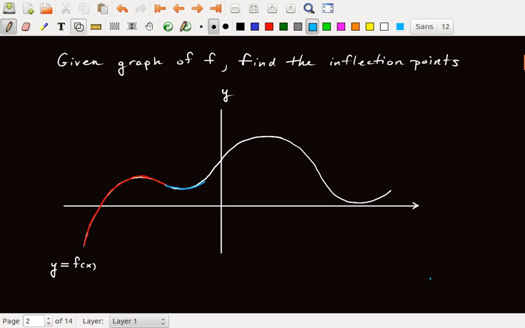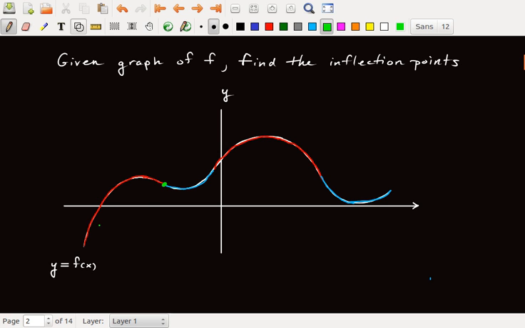So here I'm turning up, and then somewhere around here, I start turning down. And somewhere around here, I start turning up again. Okay, it's pretty imprecise, but you get the idea.